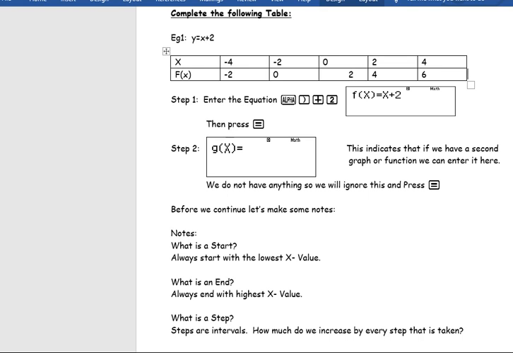So there we've got our table that has been completed for us.